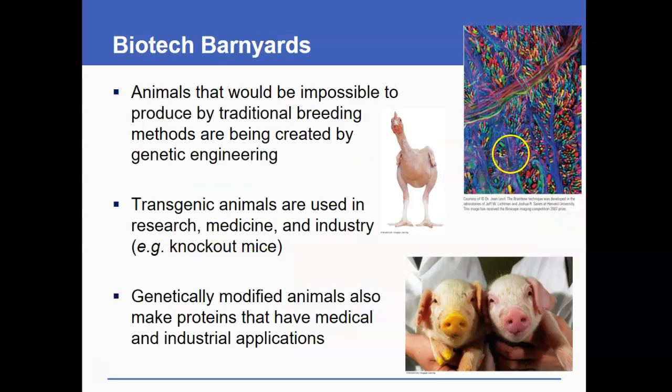So again, all of this genetic engineering is producing organisms that would not be able to be made through just normal mating. It's really quite astounding to see how this technology is being used in research, in mice, in industry, to produce things to improve human health and human understanding.